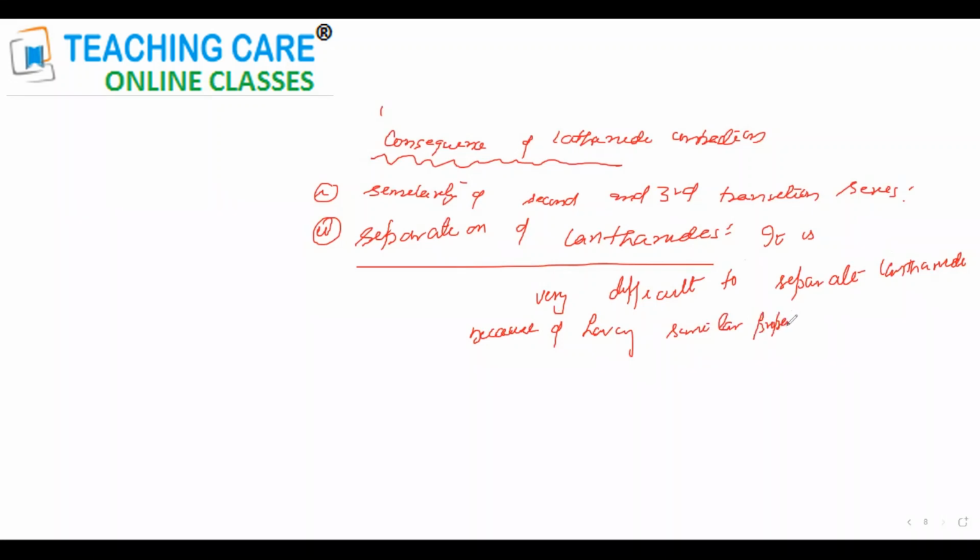The lanthanides have very similar properties, so it is very difficult to separate these lanthanides on the basis of physical and chemical properties due to lanthanide contraction. Okay. Got it? So it is very difficult to separate lanthanides because of having similar properties due to lanthanide contraction.